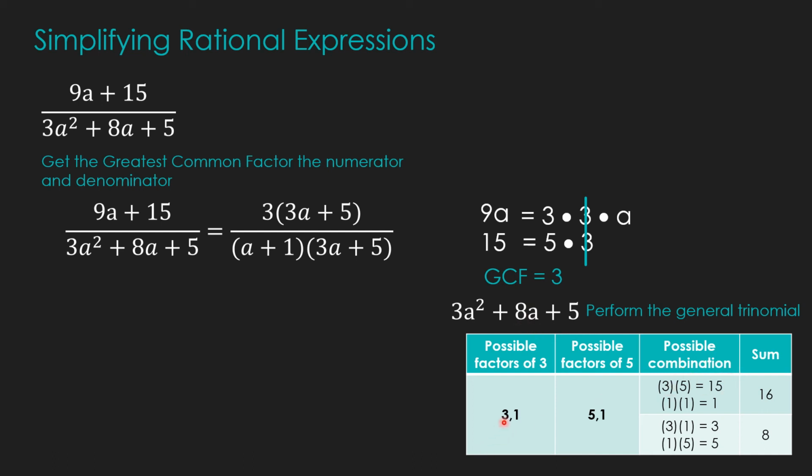Now, ang atong gibuhat diri, gibaylo na pod nato, no? Si 3, ato na pong gi-times kang 1. So 3 times 1 is 3. And then kani pod si 1, gi-times nato kang 5. And 1 times 5 is 5. And when we add that, that's actually equals to 8. So, mao pasabot, kani siya nga mga factors ang atong gamiton.